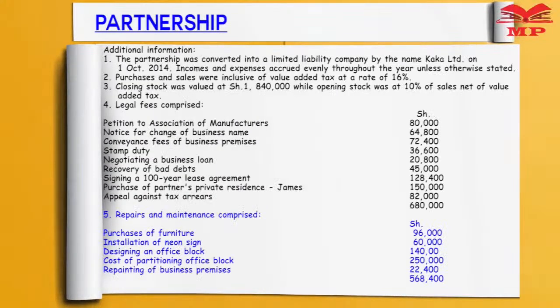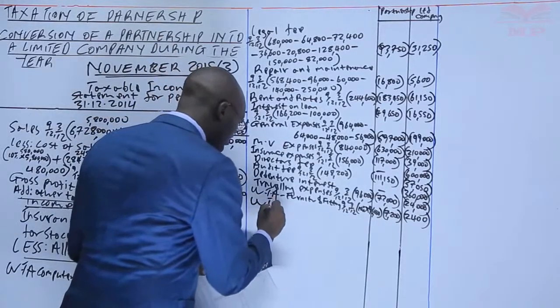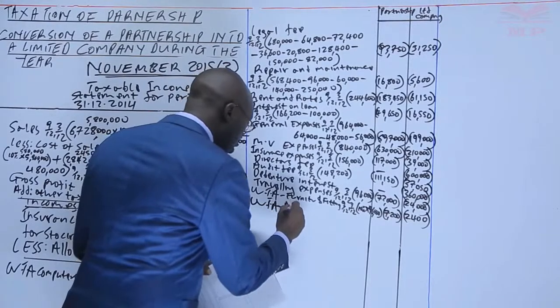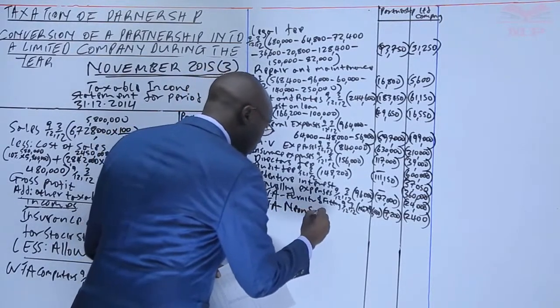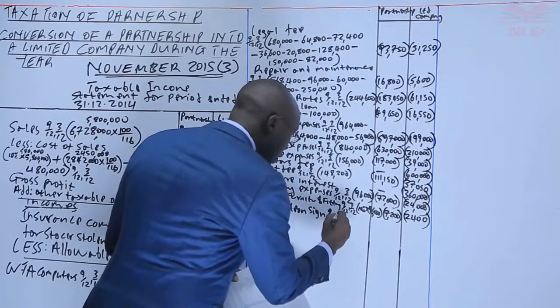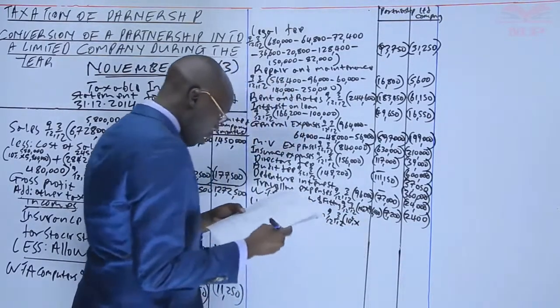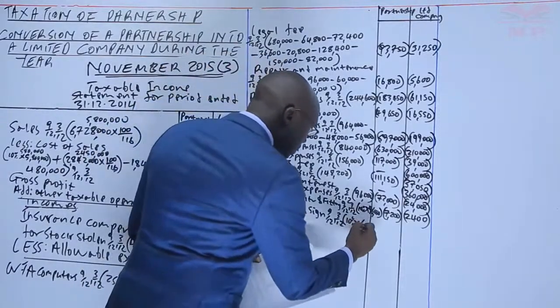So another fixed asset in point number 5 is installation of neon sign. That requires wear and tear as well. So wear and tear allowance on neon sign, which we are supposed to have again 9 over 12, 3 over 12 of 10% of 60,000.